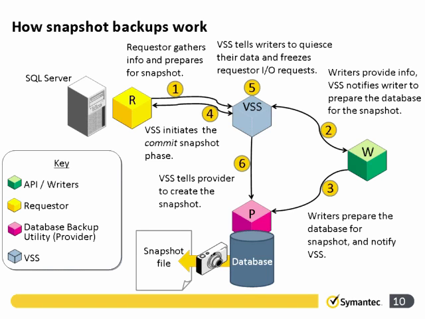So then the snapshot is taken. VSS will commit the snapshot to a cache file and come back to the requester, in this case the agent for Backup Exec, and say, here's your snapshot. You may now back up the database from the snapshot.